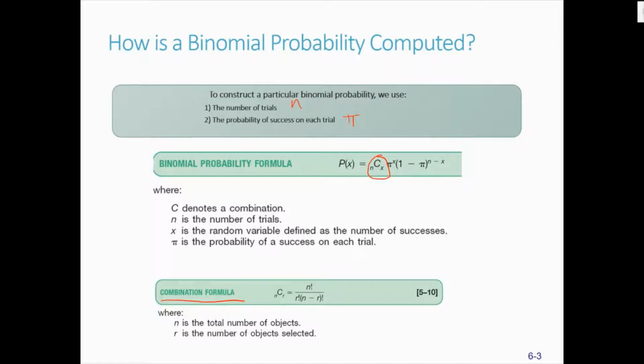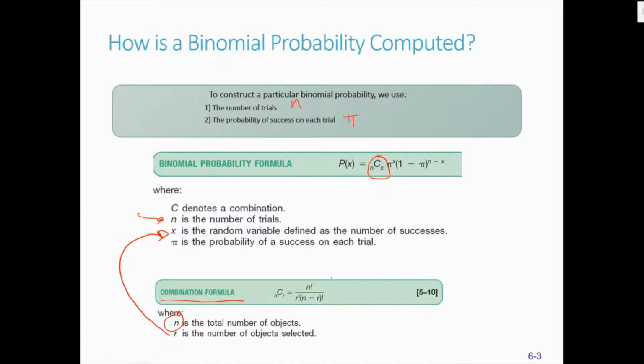And we saw that then as nCr. Now, what is nCr? n was the total number of objects, which in this case is the total number of trials, and r is the selected number of objects. In here, we are changing r for x.